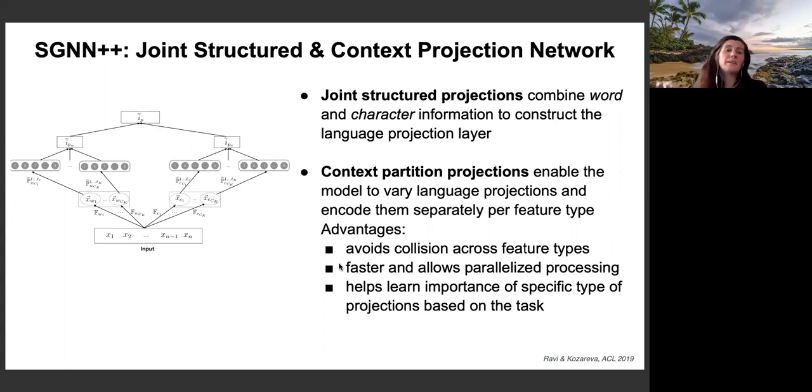When you reserve space for the words and for the characters, before, without separate reserved spaces, sometimes things could collide, and when they collide, models can get confused in the prediction. Now when we reserve separate spaces, that helped us solve a couple of problems. We have separate space reserved for unigrams and for bigrams, which avoids collision of the features.